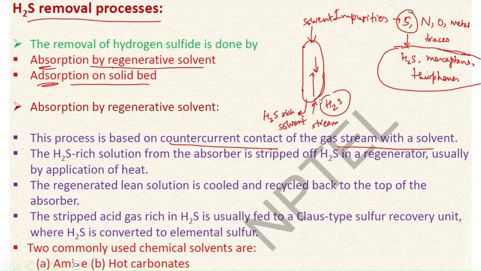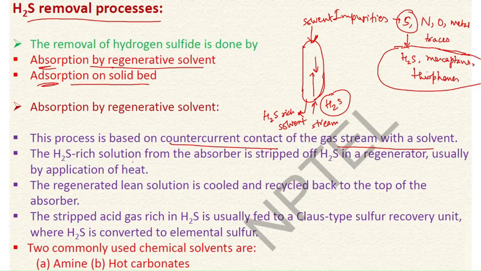So this H2S will be introduced from below, and a specific solvent will be introduced from the top that can absorb this H2S gas. And after absorbing this H2S gas from below, we will get the H2S rich solution, or we can say H2S rich solvent.